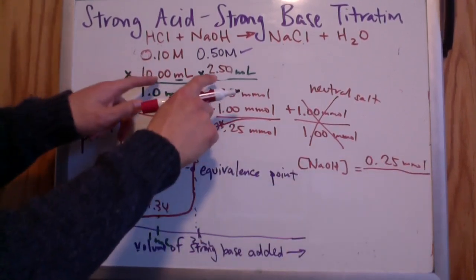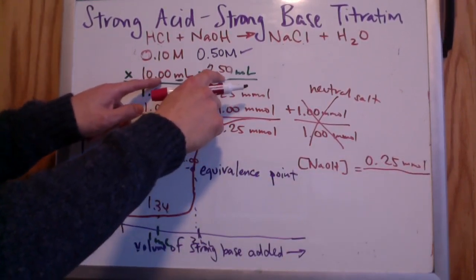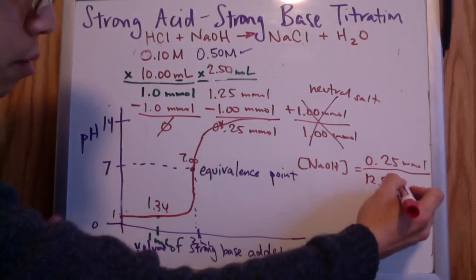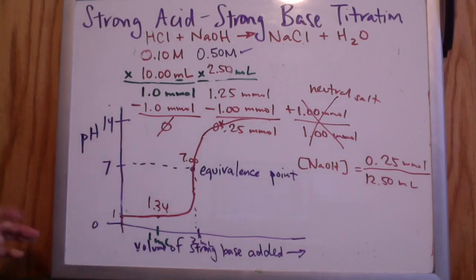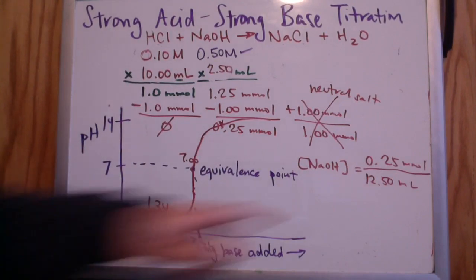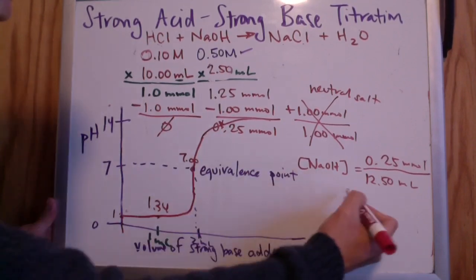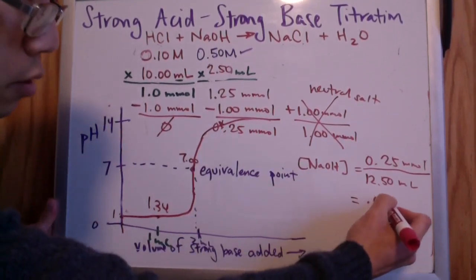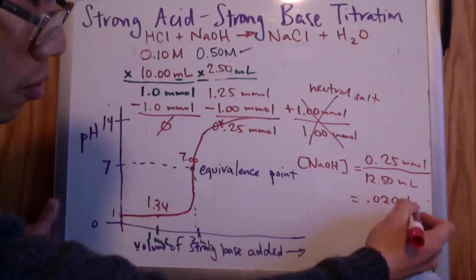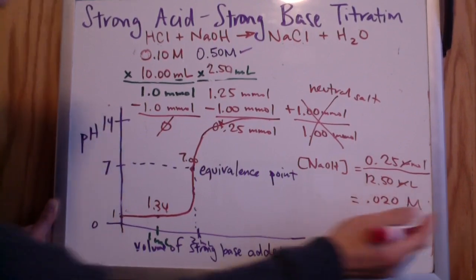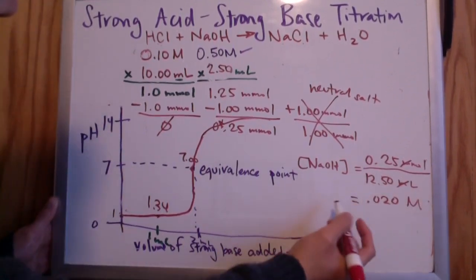Remember, the total volume is how much acid and base we added together. That's 12.50 milliliters in this case. We're going to take 0.25 millimoles and divide it by 12.5 milliliters because that's the total volume. We get 0.02 molar, because the milli and the milli cancel out here.